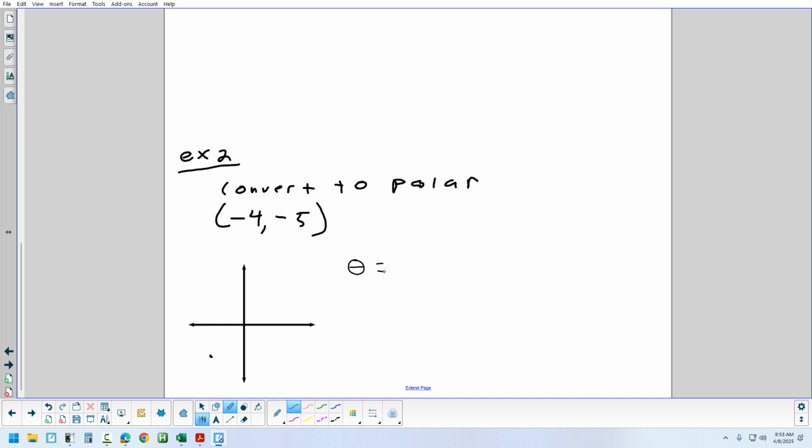If we're working in degrees, what's my formula for theta in the 3rd quadrant? Remember, degrees and radians, you've got to make an adjustment, but it's different. Yep. 180 plus inverse tangent of y over x. Now, if you flip the y and the x, will you get the same thing?